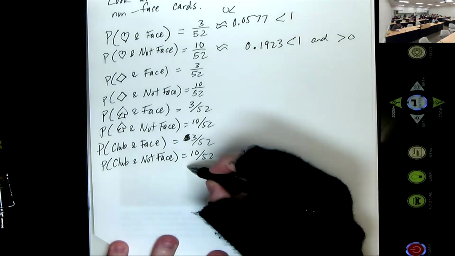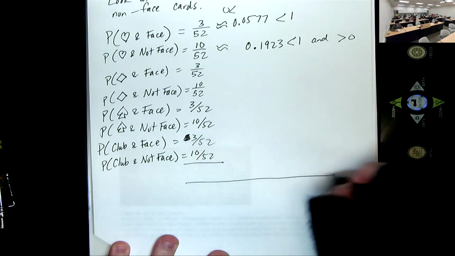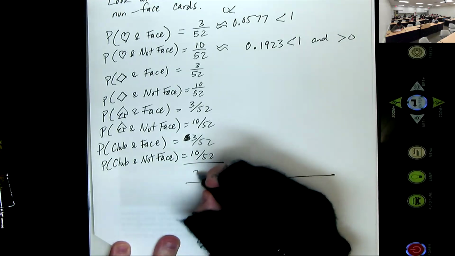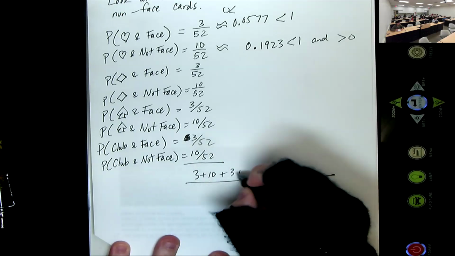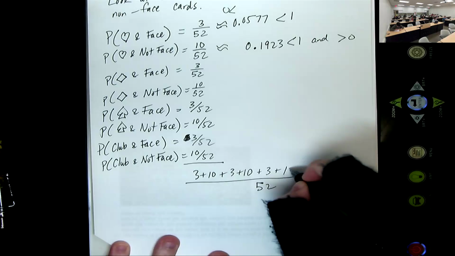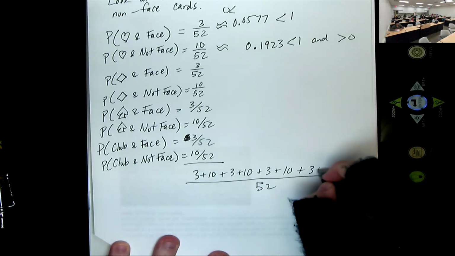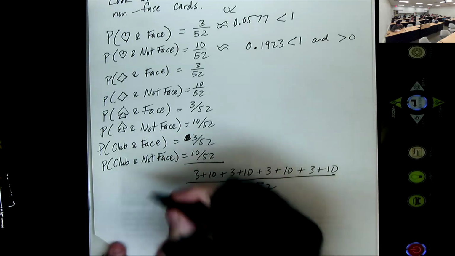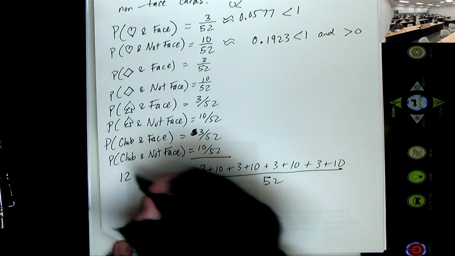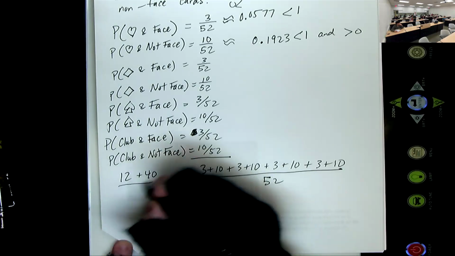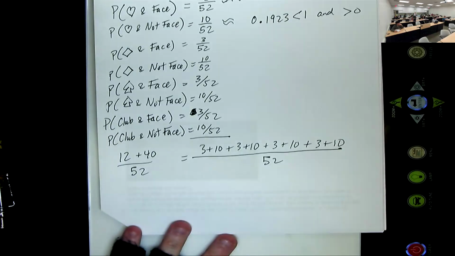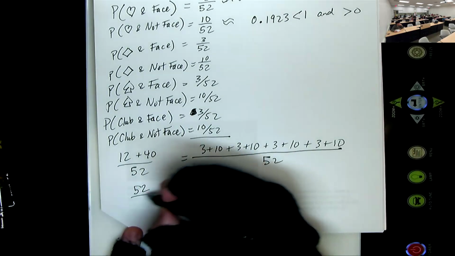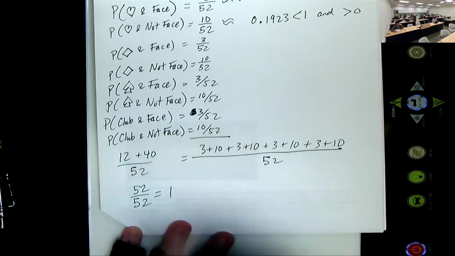If I add up all of these, when you add fractions with a common denominator, you add the things on top. So I'm gonna add up all the numerators here: 3 and 10, 3 and 10, 3 and 10, 3 and 10. If I add up all the 3's, that's 12, and I add up all the 10's, that's 40. And 12 plus 40 is 52. 52 divided by 52 equals 1.